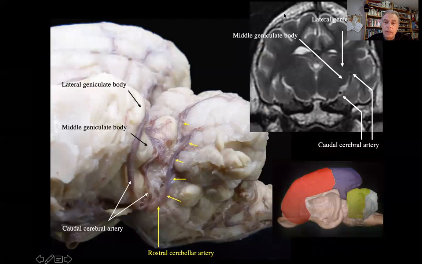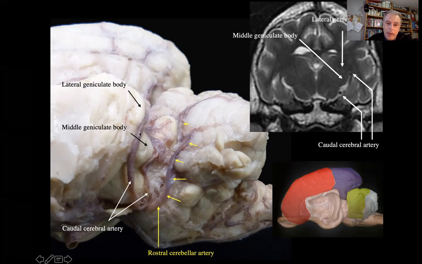Okay, so dissection again, we see the caudal cerebral artery that branches in two big arteries. One that is running between the medial geniculate body, right, and the optic tract. And as it passes, the medial geniculate body is related with the lateral geniculate body, right?